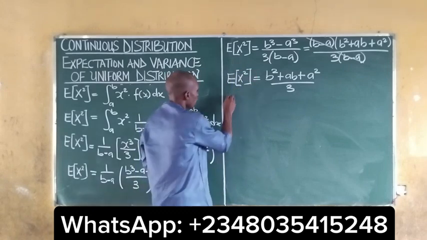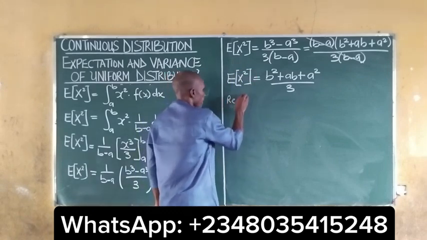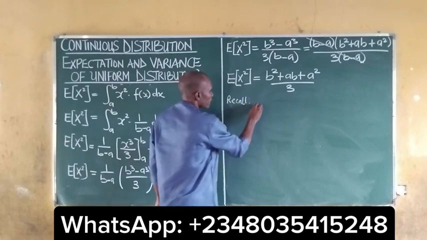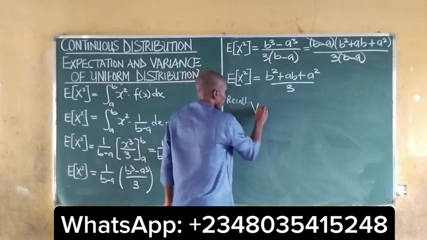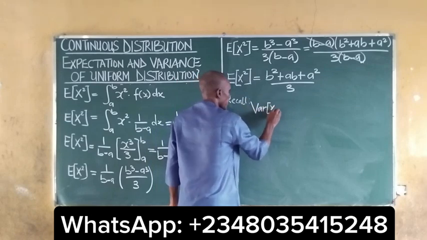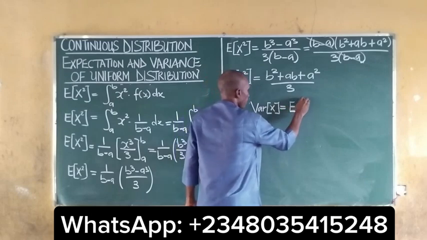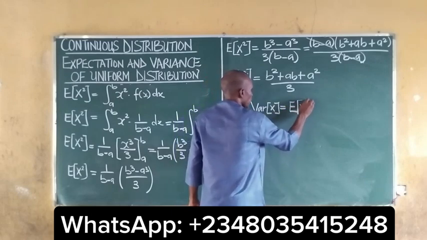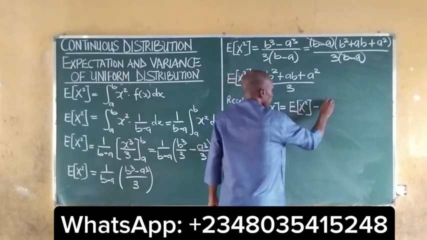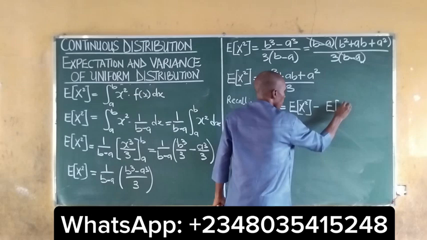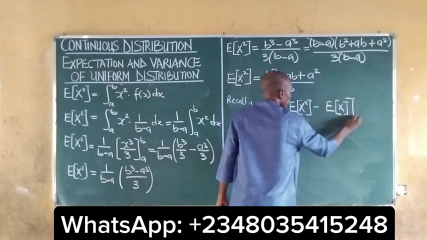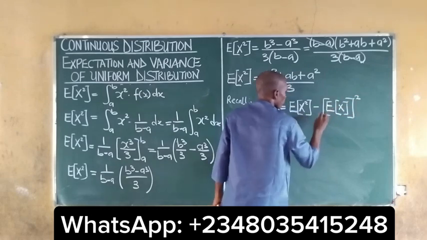So we should recall that the variance of x is equal to the expected value of x squared minus the expected value of x all squared.